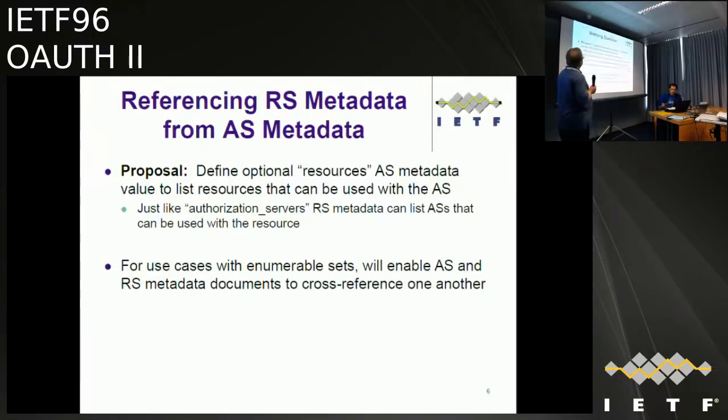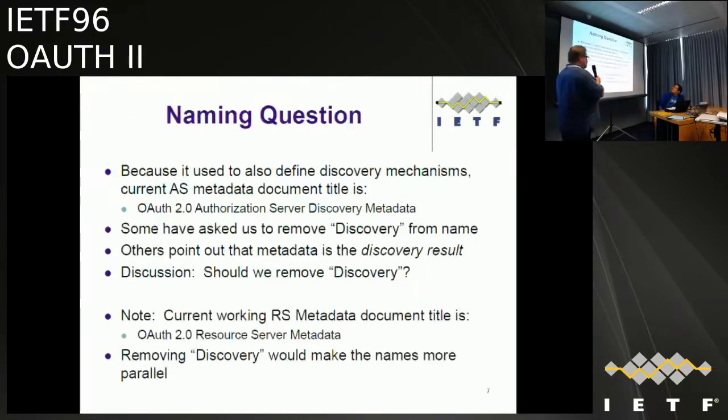Next. There's a naming question that's gone back and forth on the list, and I figured I would raise it again and try to get a sense of the room, perhaps. For historic reasons, the current document is titled Authorization Server Discovery Metadata.